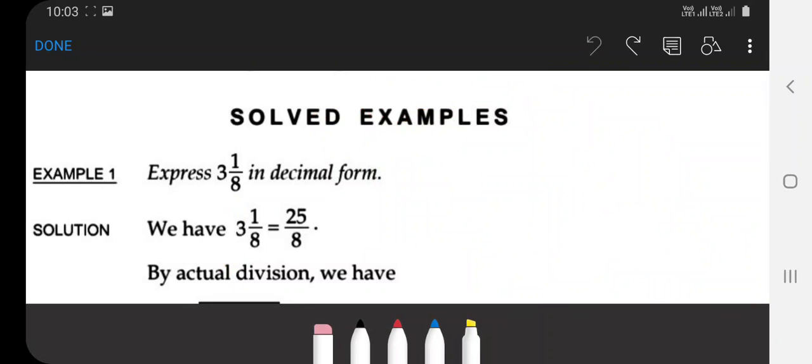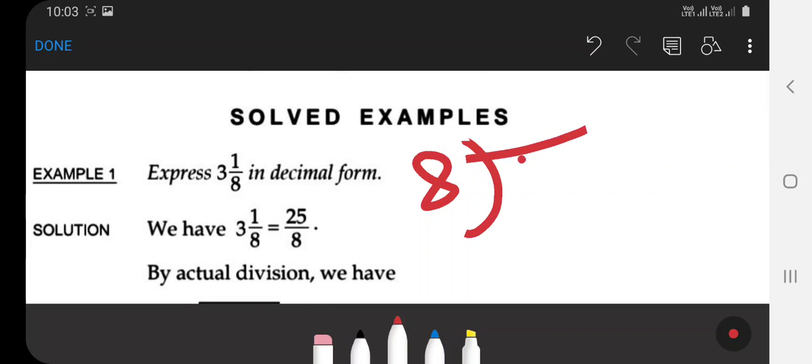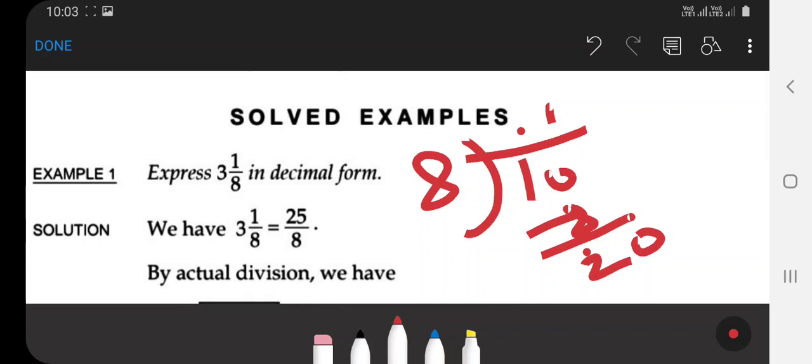Here is a trick. You never change into the composite form. You just divide 1 by 8. Decimal, 0, 8 ones are 8, remainder 2, 8 twos are 16, 40, 8 fives are 40, and 3 is the whole number.